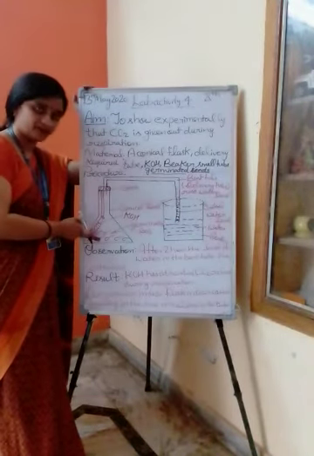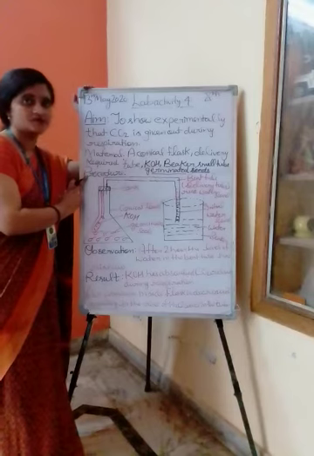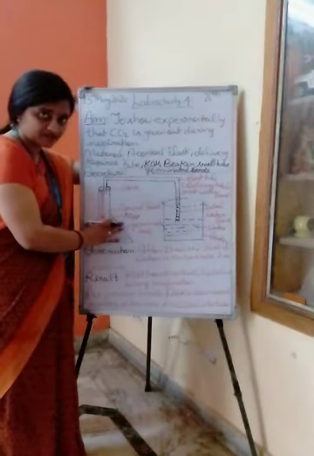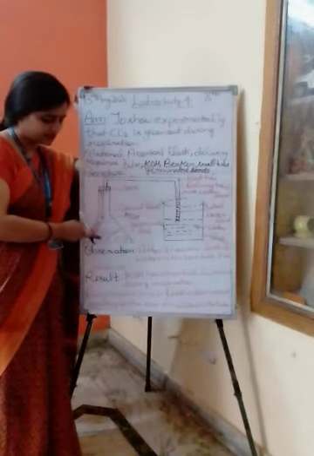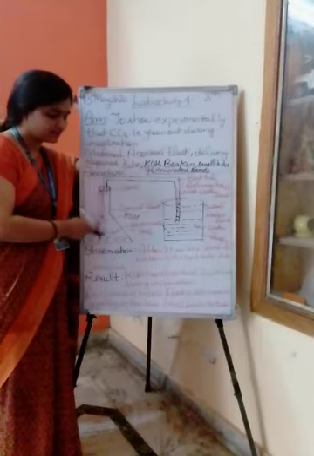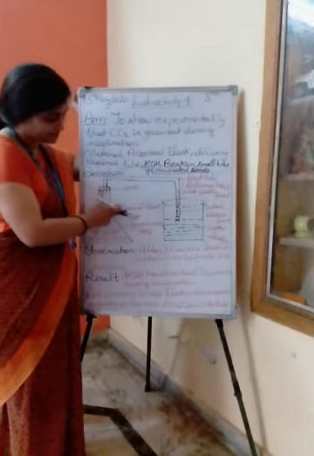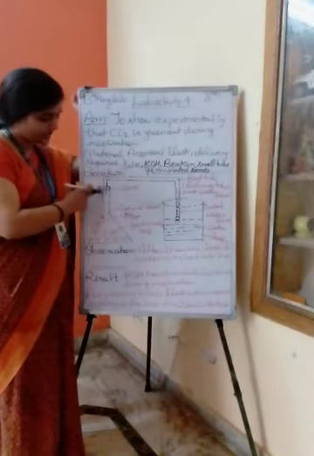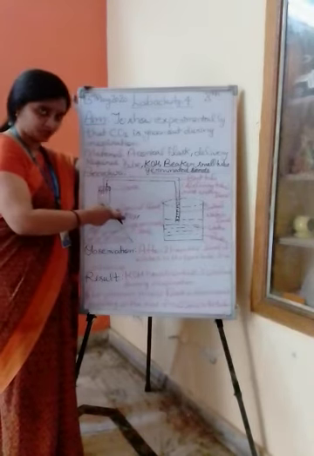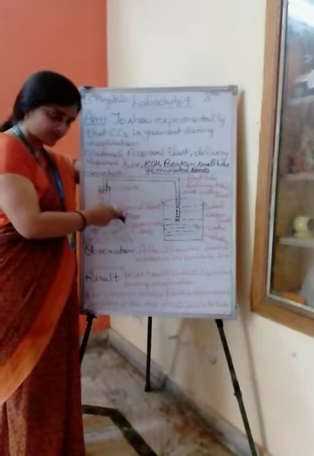Now the procedure of this experiment. We will take a conical flask and put germinated seeds in the conical flask. Now we hang the small test tube with KOH, potassium hydroxide.